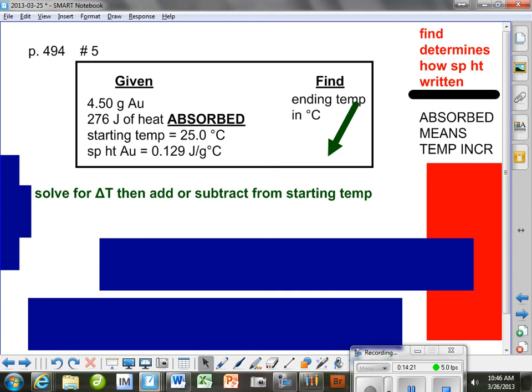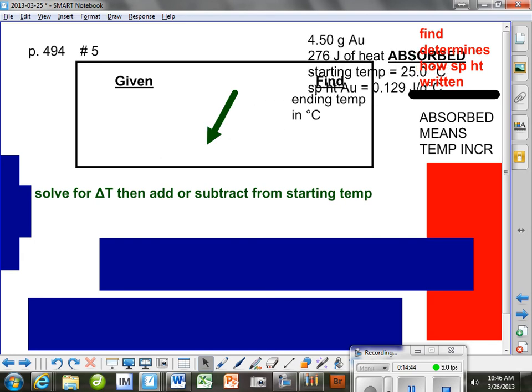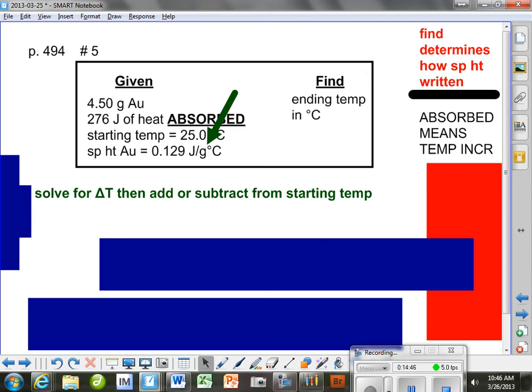So, now we're going to go ahead and do the calculation. Tony, you need to tell us what our first fraction is going to look like. What's going to be on the top and what's going to be on the bottom of our fraction. Here's our specific heat right here: 0.129 joules over grams degrees Celsius. What does this stuff up here mean, Tony?